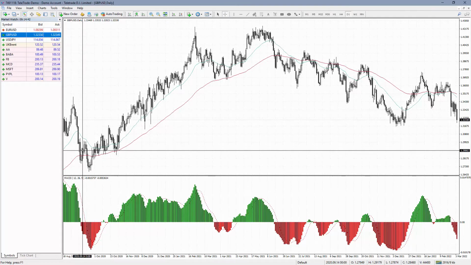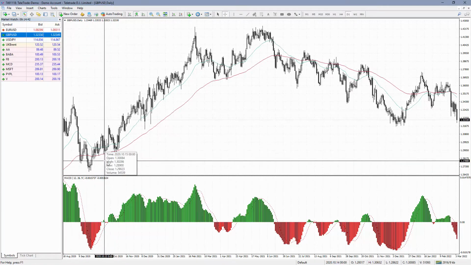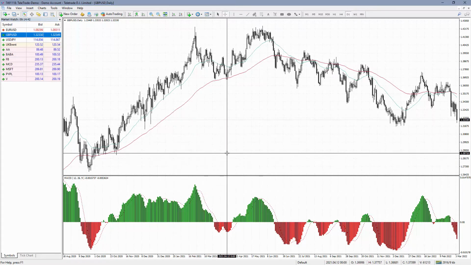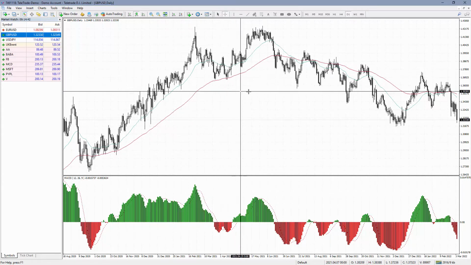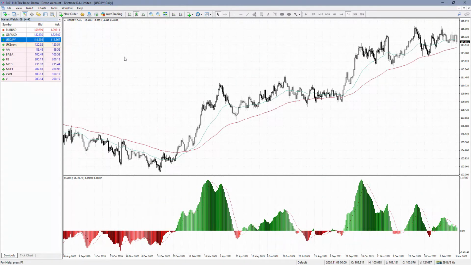GBP/USD. Zone for purchase. Area for sale. USD/JPY. Zone for purchase.